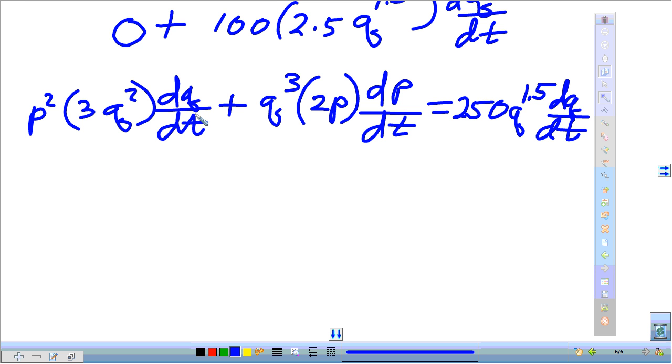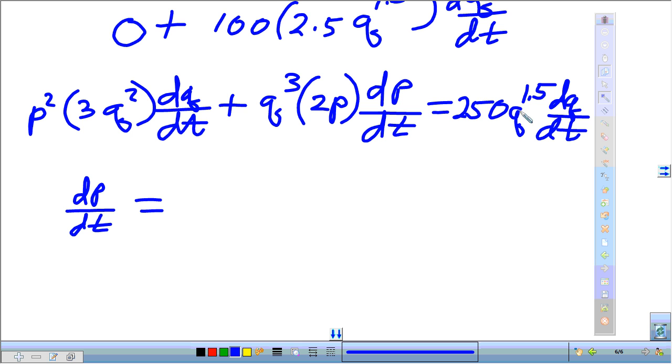So we were given information about the derivative of q directly. So let's take this equation. We want to know something about how p changes over time, its rate.